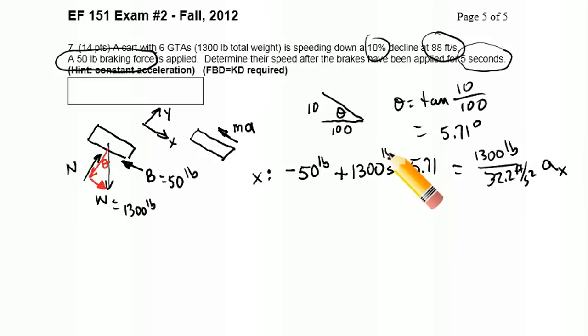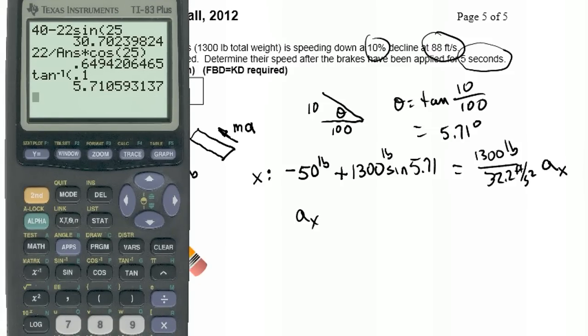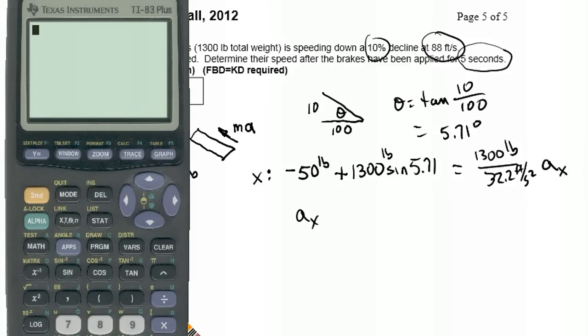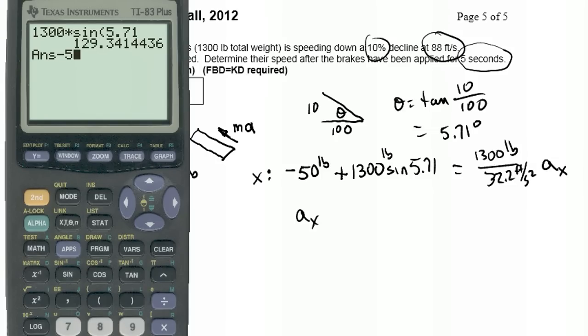Okay, this one's pounds as well. So that's going to give us acceleration, pounds on the top, and all these terms. So we multiply things out, our acceleration will be in feet per second squared. So a sub x will work out to be 1300 times sine 5.71, which is equal to 129, minus 50. Oops, let's try that again.